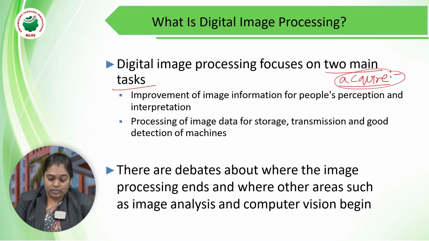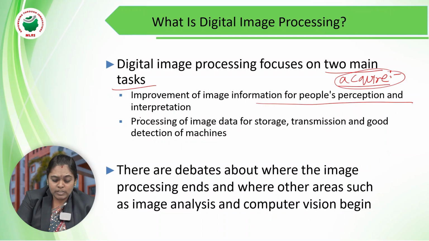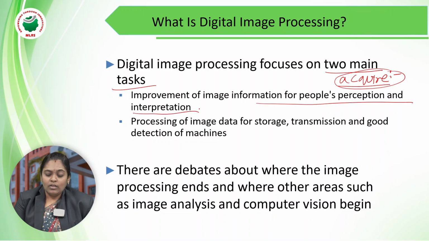So the first focus is the improvement of image information for people's perception and interpretation. The acquired image needs to be able to be seen by a person, that is, perception as well as interpretation.